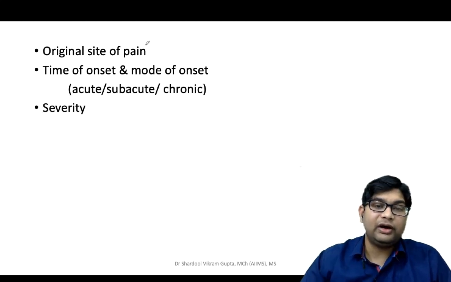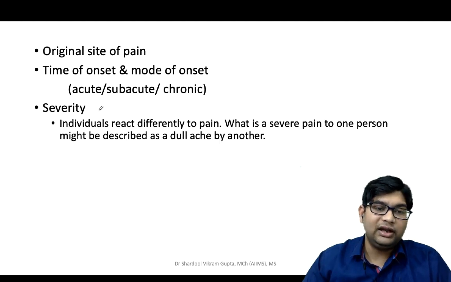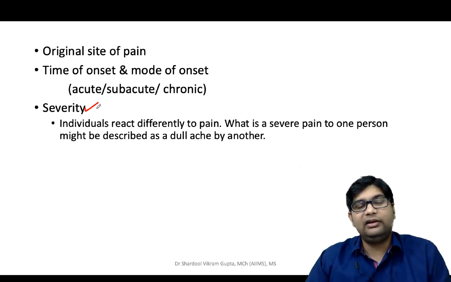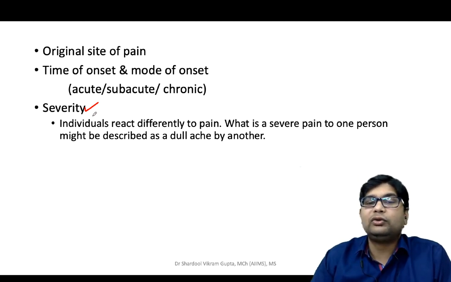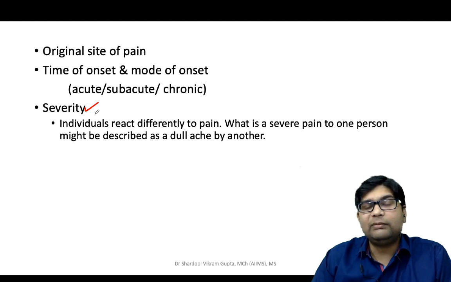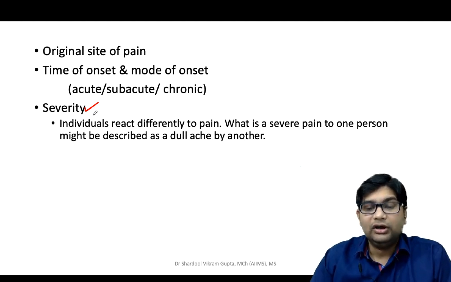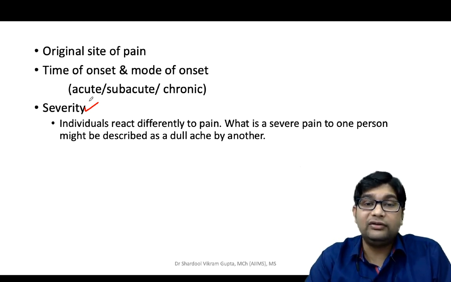Then you should inquire about the severity of the pain, how severe the pain is, whether it is very mild or very severe in nature. But you must have noticed that individuals react differently to pain, and what is severe to one person may be described as dull aching by another. So you must objectify whether the pain is actually severe enough or not.